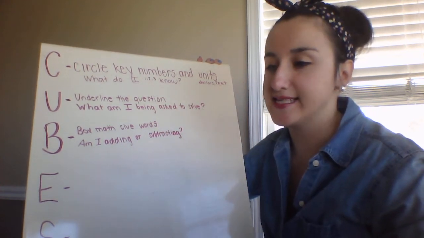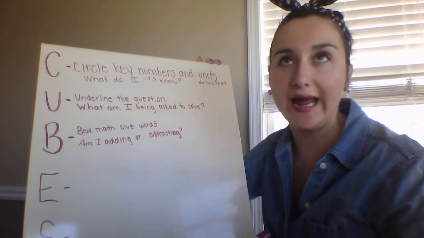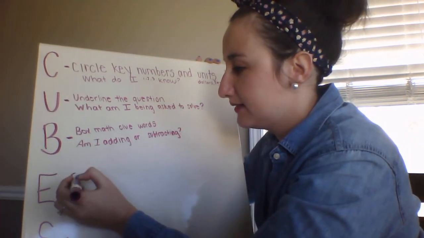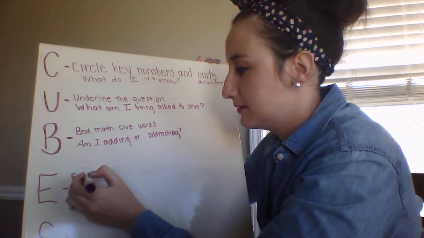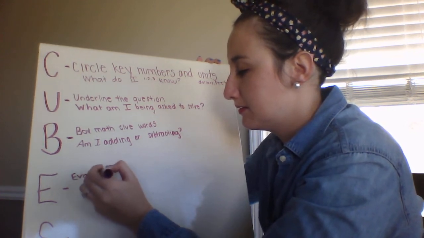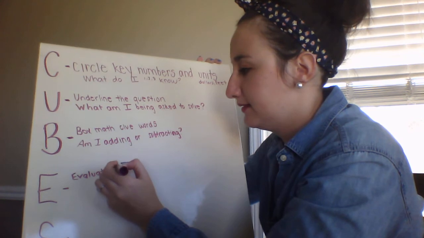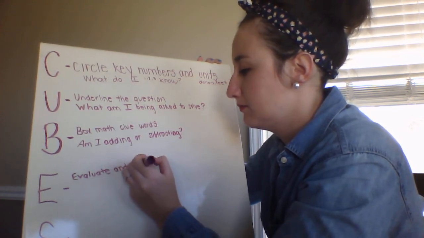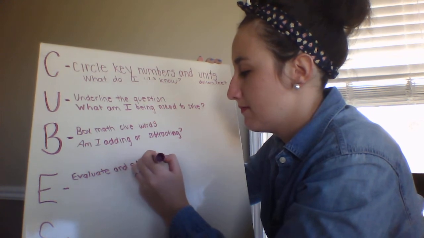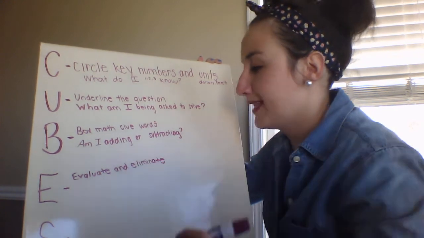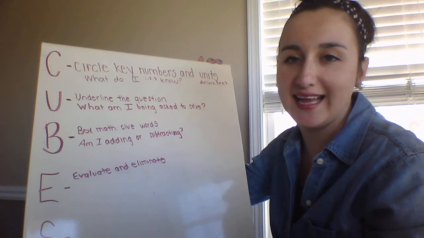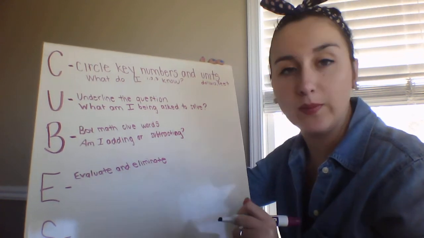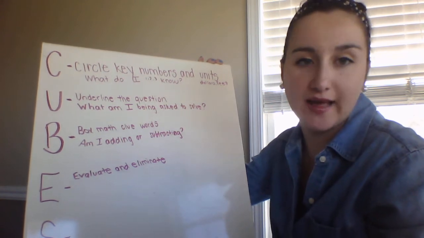The E stands for evaluate and eliminate. By evaluating and eliminating, you are getting rid of any information that you do not need.